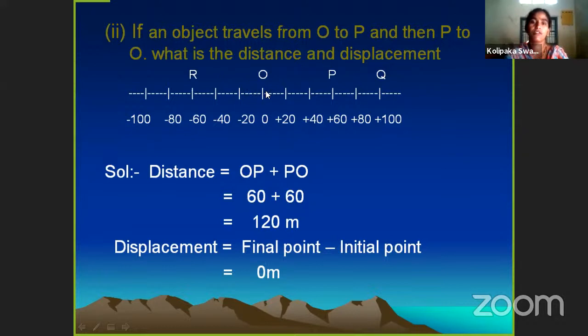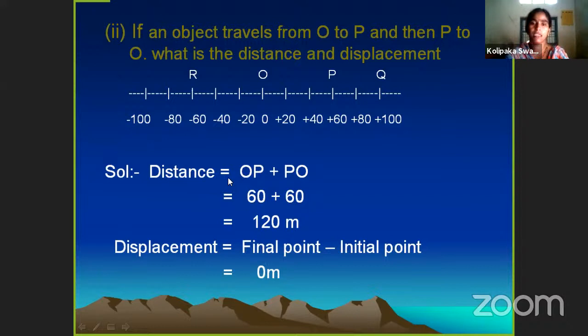Distance means the total path traveled by the body. Total path O to P, and again it comes P to O. So the sum of the lengths of O to P and P to O, we call distance.